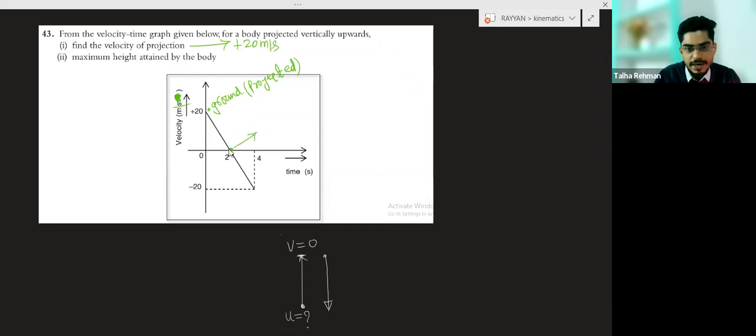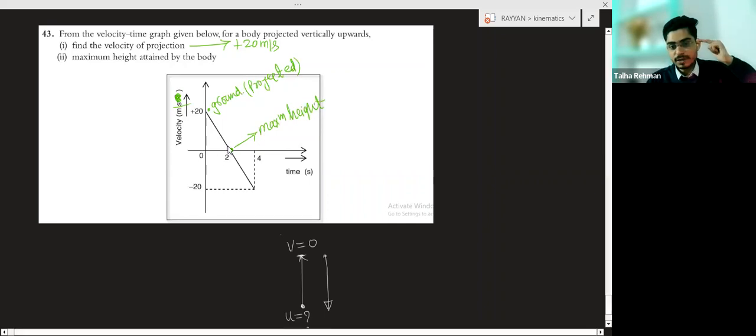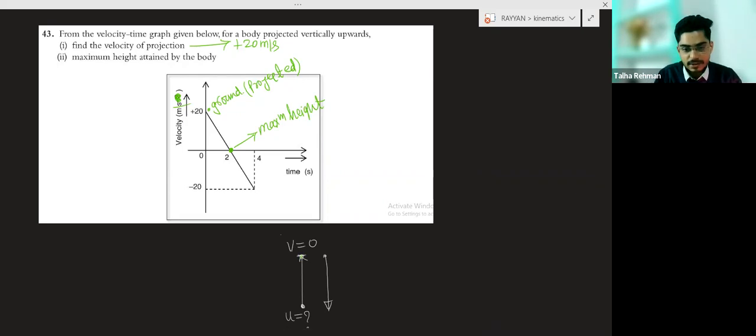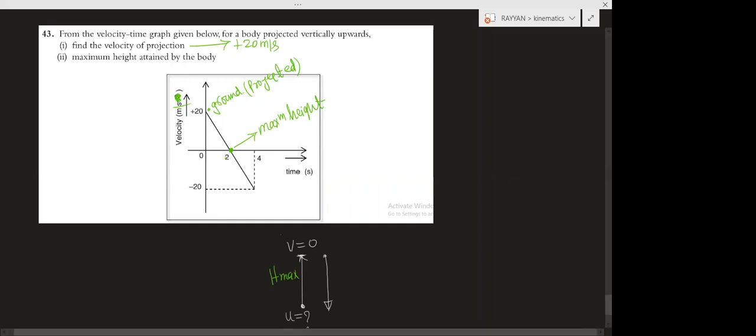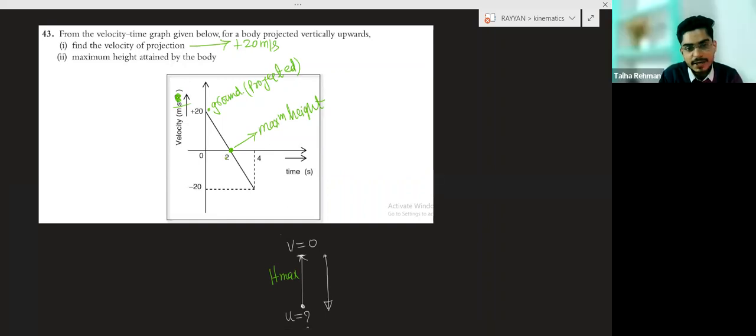The body will be at the maximum height. When the velocity of the body becomes 0, it will be at the maximum height, right? Okay. So in achieving maximum height, how much time is the body taking? t is equal to 2 seconds.